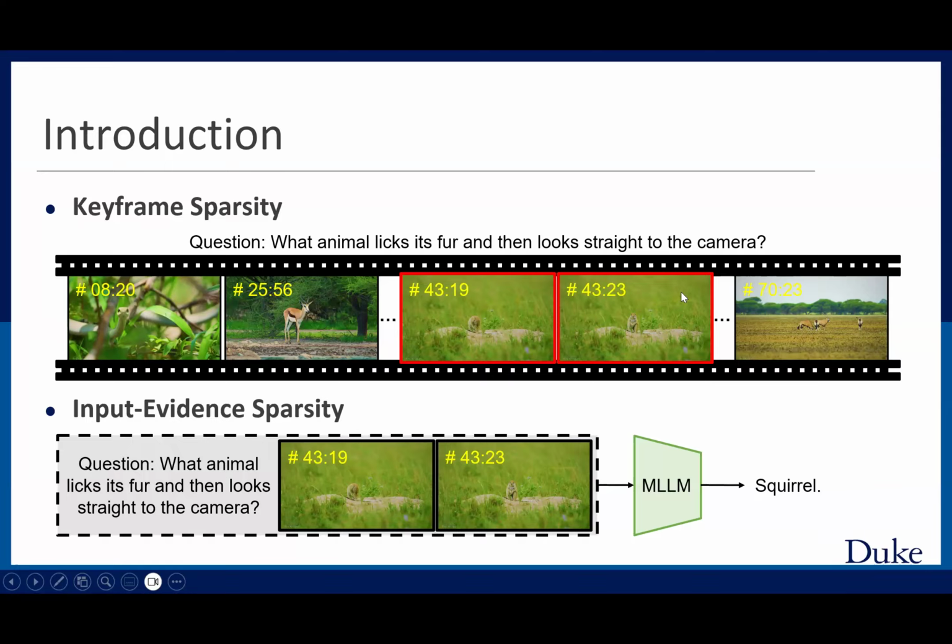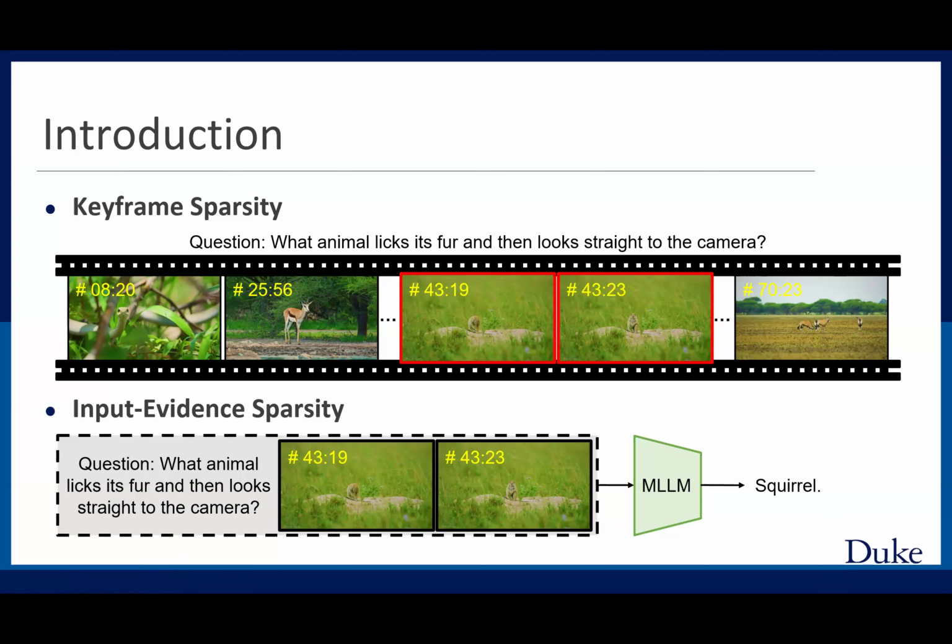Everything else is context, and for particular queries our goal is to identify those useful and relevant frames. If we are able to do this, we can reduce the computation cost, and therefore we name it input evidence sparsity.